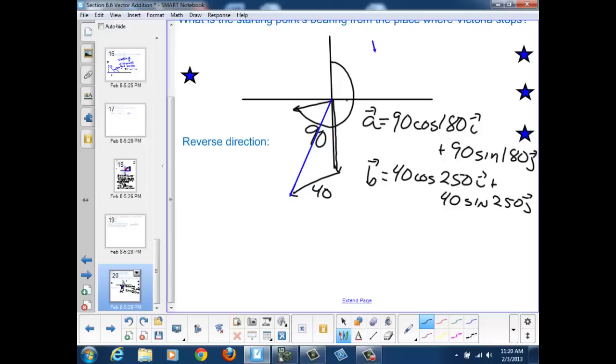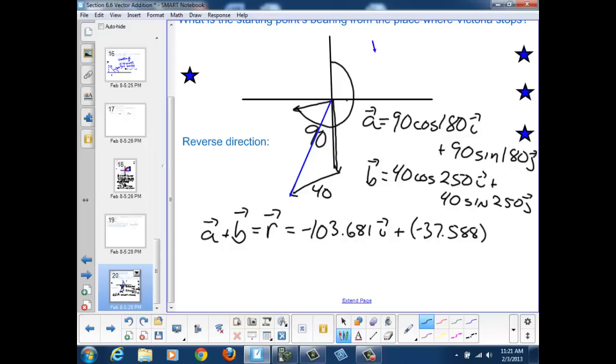If we add those two together to get our resultant vector, we should get a vector of negative 103.681 i plus a negative 37.588 j.